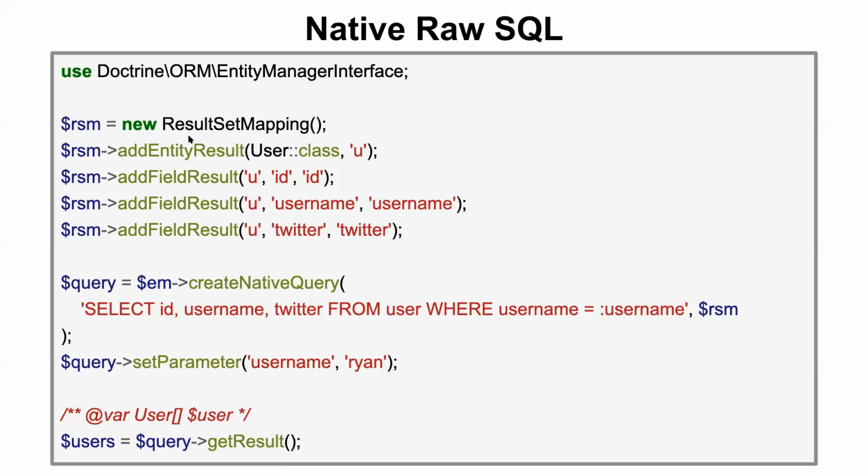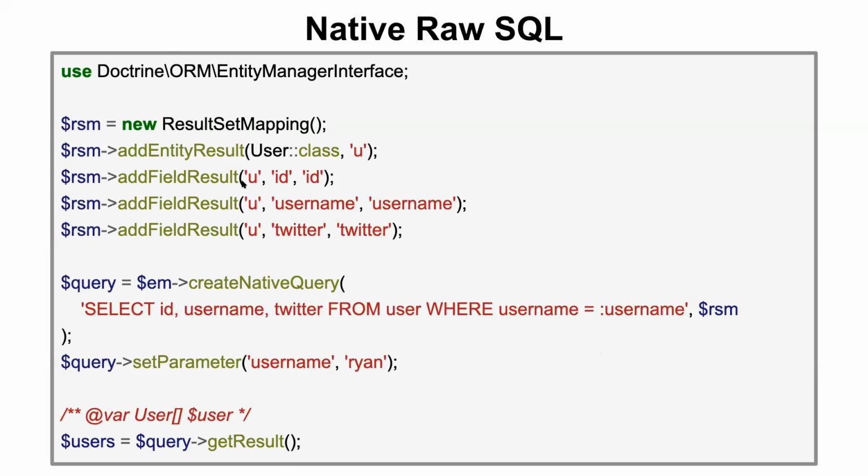And then I use this result set mapping that I pass to the second argument of the createNativeQuery method. This is basically the mapping information that tells Doctrine what to do with these column values that are returned from the database.